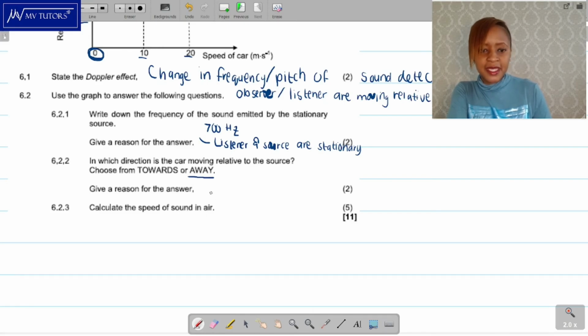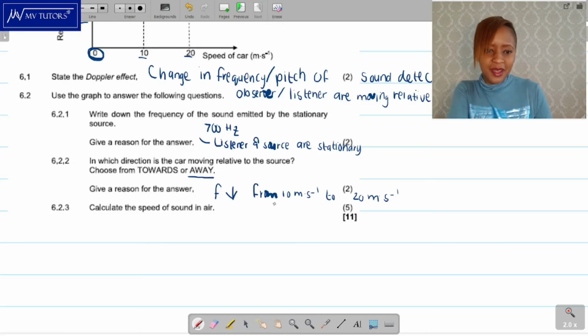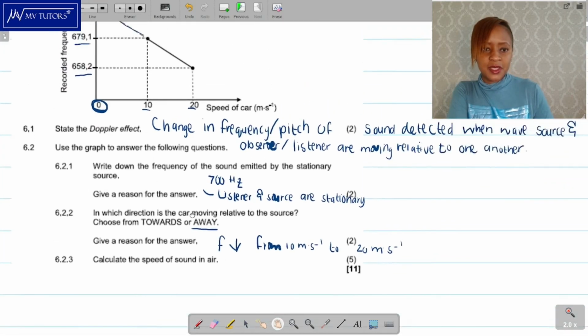Well, like I have stated, the frequency decreases from 10 meters per second. As this person continues moving, the frequency was decreasing. I hope you understand that. And we saw that on the graph, it was illustrated there.